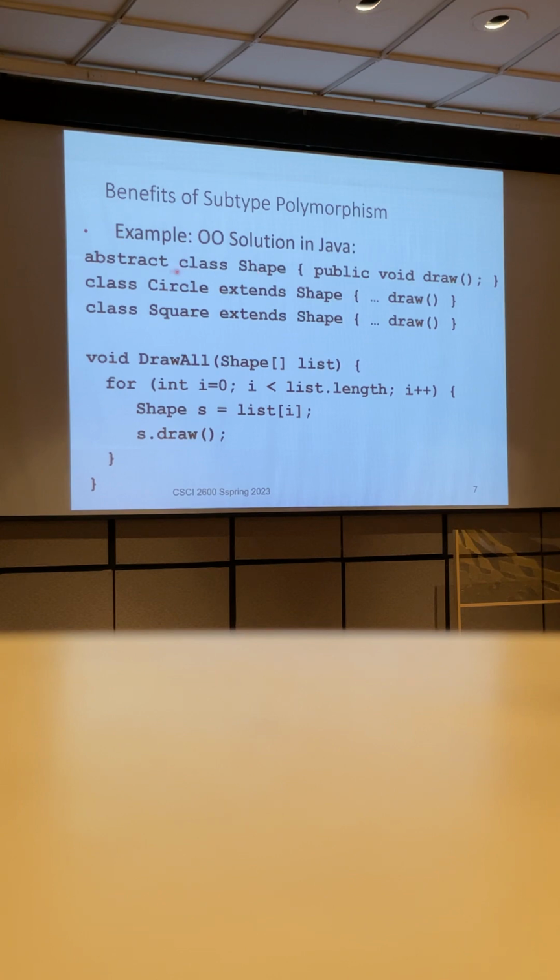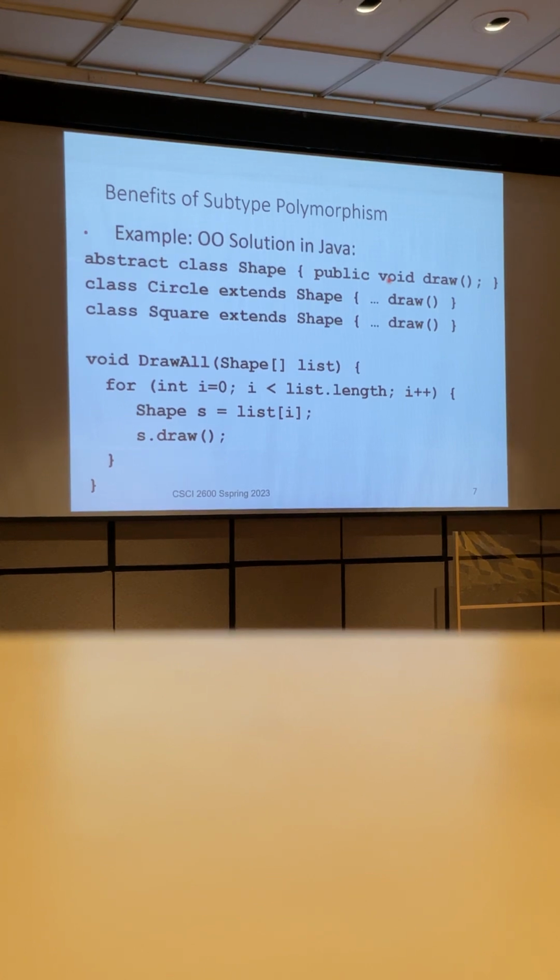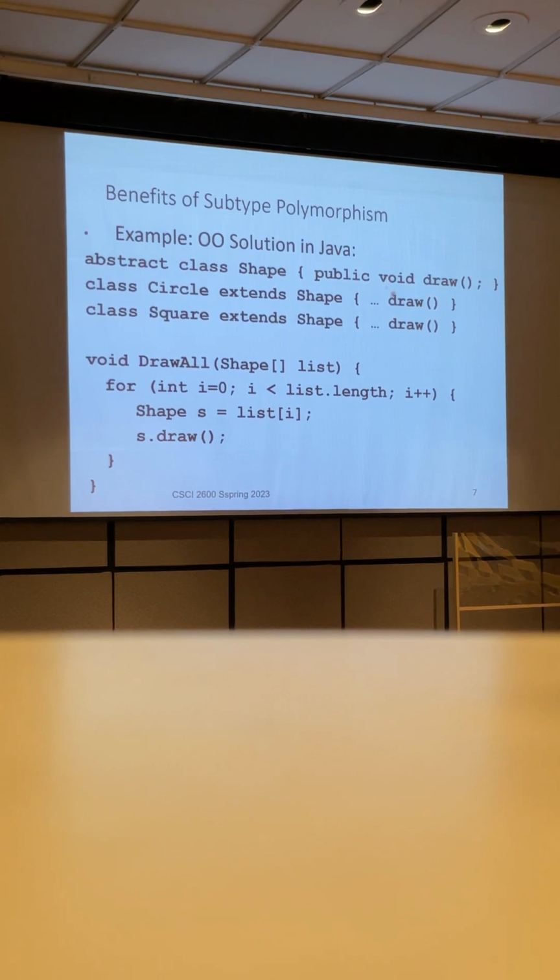Right? Class shape is abstract. And the abstract keyword is skipped here, but it is actually required, right? So this draw method is also abstract, which means there is no implementation for draw in shape, mainly because we cannot come up with exactly the same implementation of draw that would work equally well for all shapes. That's why we defer the implementation of draw to more specific classes, so that this draw will know how to draw the circle, this draw will know how to draw the square.